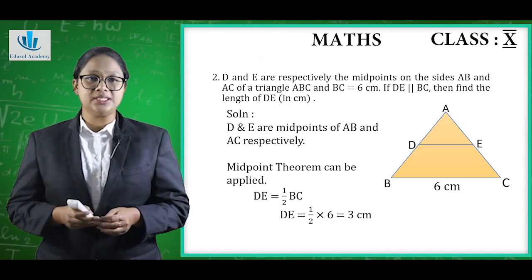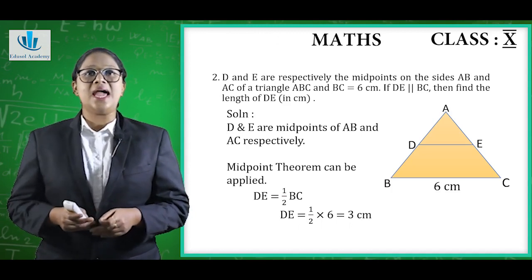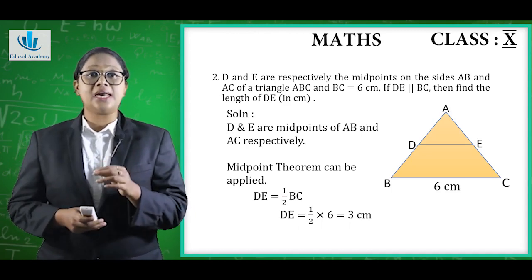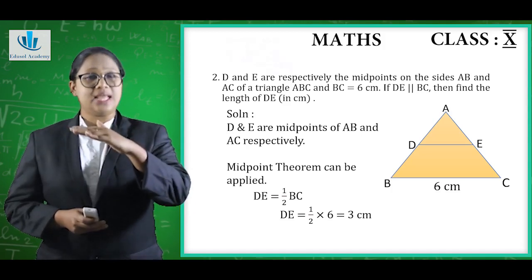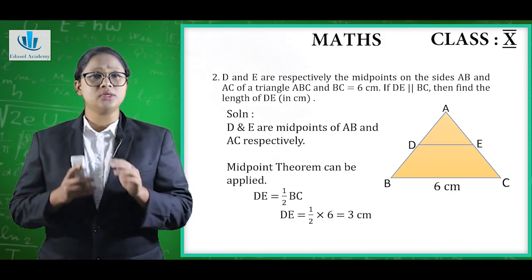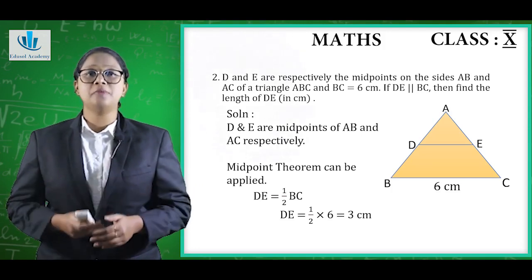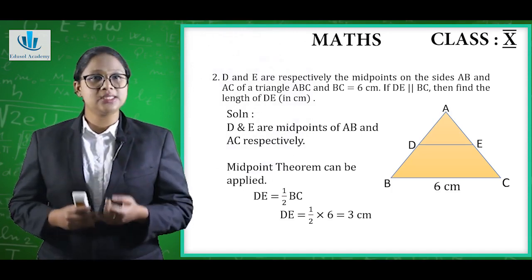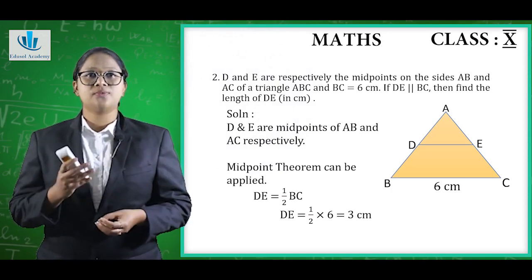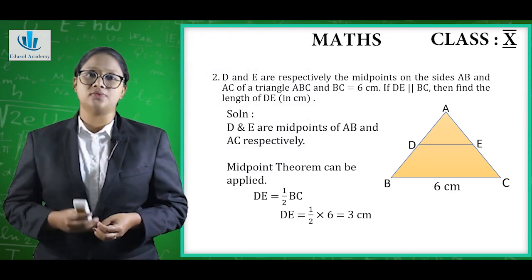So we can mark BC as 6 centimeter and DE is parallel to BC. So join DE and we get a line that is parallel to BC. So it's clear that it's midpoint theorem that we have to apply. They had given DE is parallel to BC and we are supposed to find the length of DE.